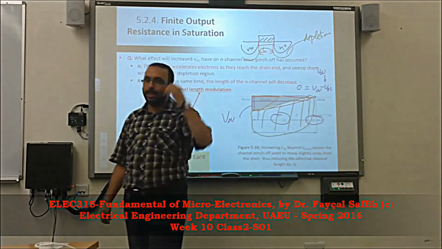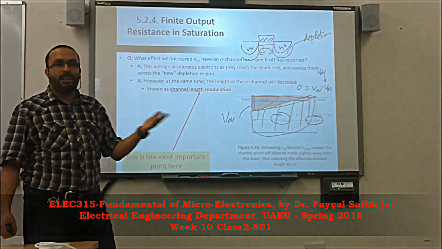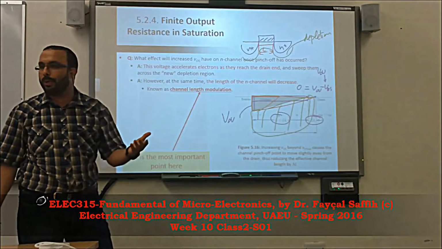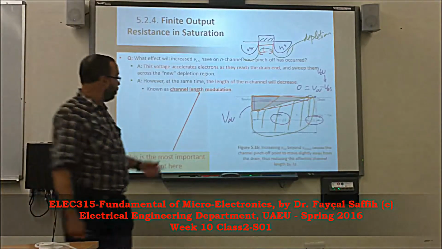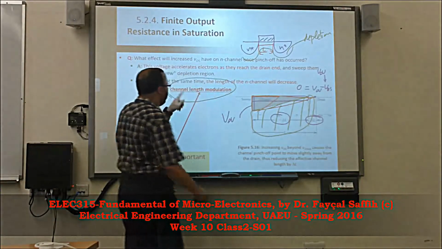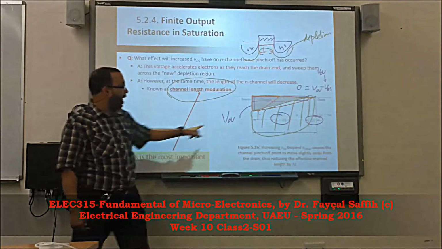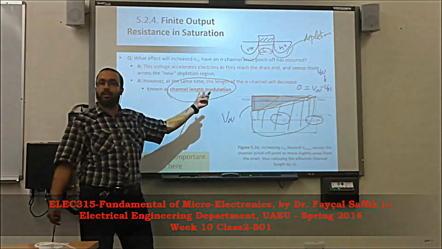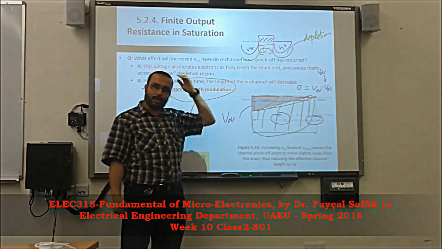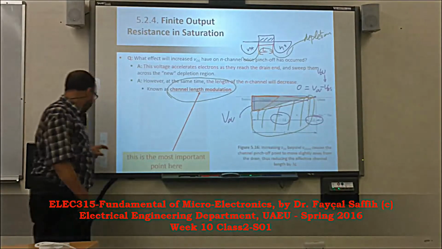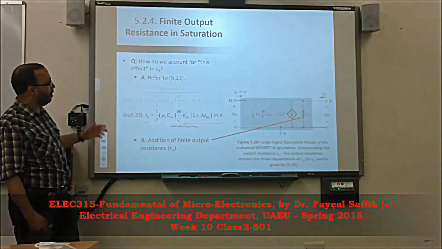We say the channel is modulated, controlled by the voltage VDS. This regime we call channel length modulation, because the channel length L is now being controlled by VDS. We will see next how to see this influence. Good. All right.